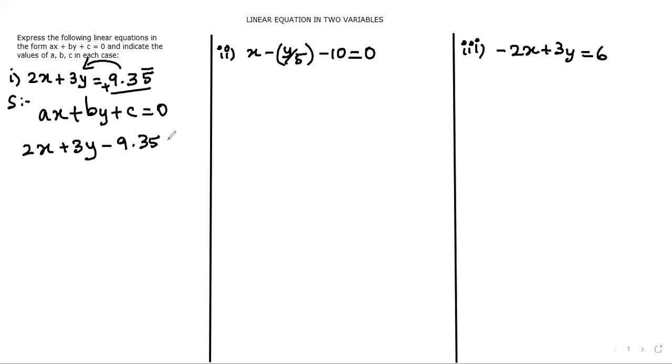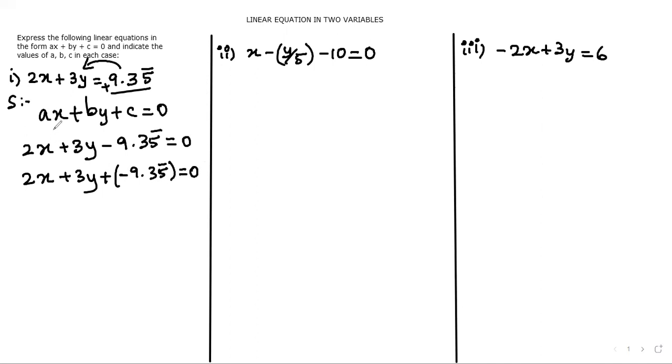The right hand side has nothing, so it should be equated to 0. Now this 2x is positive, 3y is also positive. But c, the constant which has no x and y, you should write positive outside, and this 9.35 should be written inside the bracket. It is equal to 0.